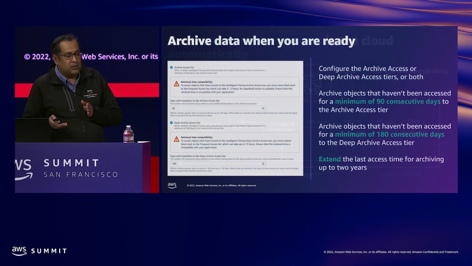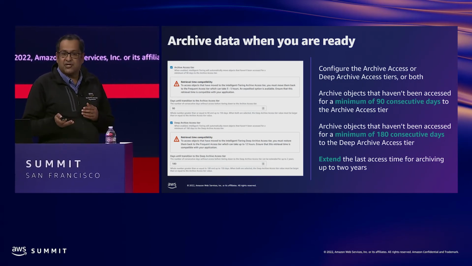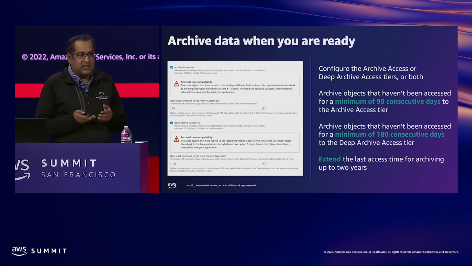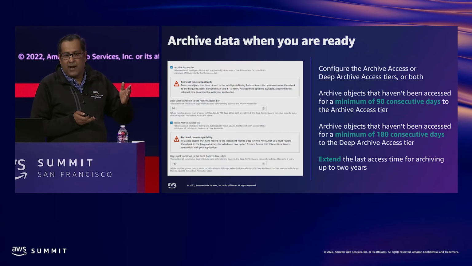The way you do that is by enabling those two tiers. As I mentioned earlier, those two tiers are not on by default because they're async. You need to enable them. You can enable either one or both, and you can choose the number of days before it tiers down to those async access tiers.